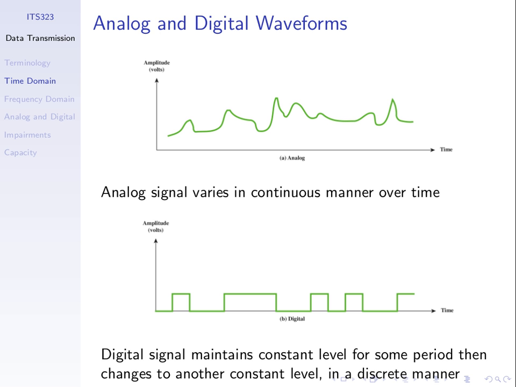That's an example of an analog signal, and a digital signal maintains some level and then instantly changes to some other level. And we get this green digital signal here as an example. So we can have analog signals or digital signals.